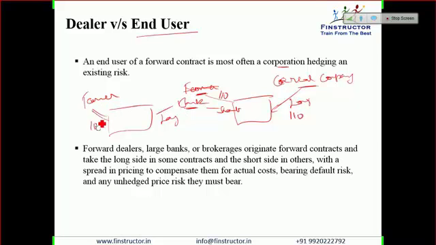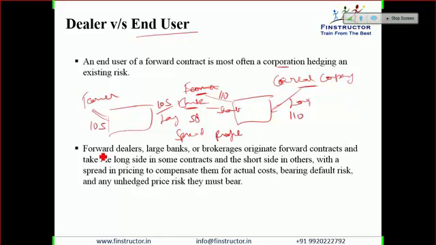The farmer will sell for 105 and the bank will buy for 105. So the bank in the process makes a $5 spread or $5 profit because it's hedged its risk. It is buying for 105 and selling for 110.